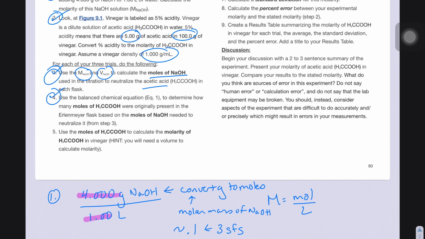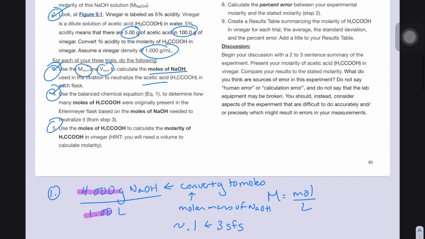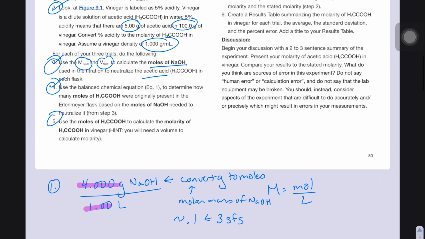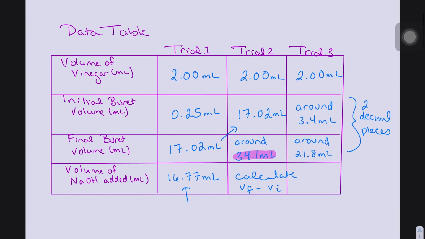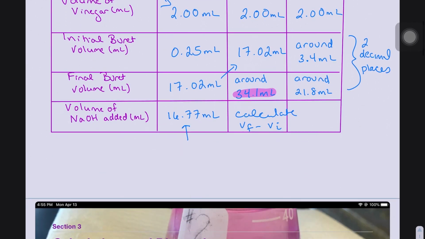So we finished 4, we're on to step 5. Use the moles of acetic acid to calculate the molarity of acetic acid in vinegar. Okay. And this little hint here says you will need a volume to calculate molarity. So volume of vinegar we'll need, that's from our data table right here. Here's the volume of vinegar that we use, 2.00 milliliters for every trial.